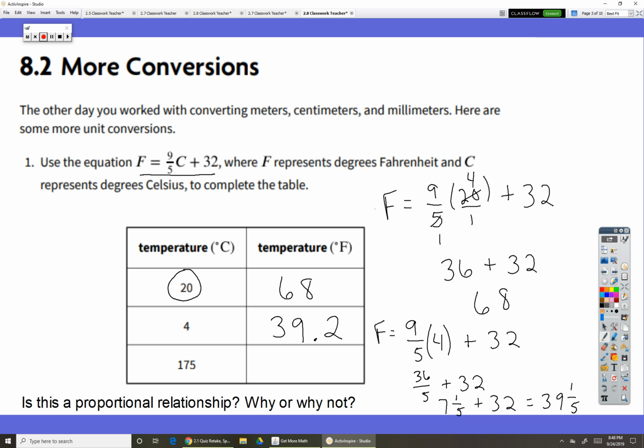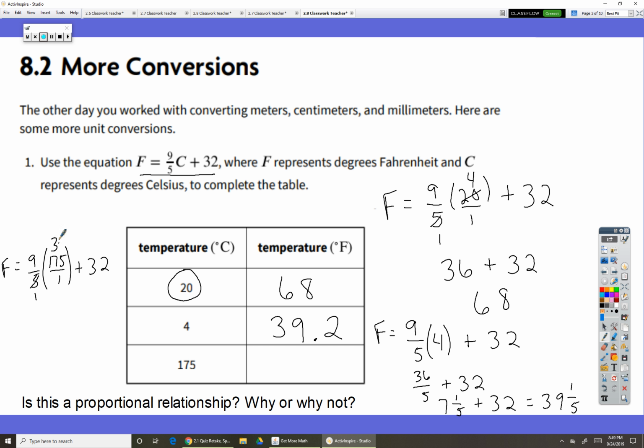Okay, if I'm going to do 175, I'm going to go over here, so I have 9/5 times 175, put that over 1, plus 32. I can reduce this diagonally. 5 goes into 175. Let's see, 5 times 3 is 15.